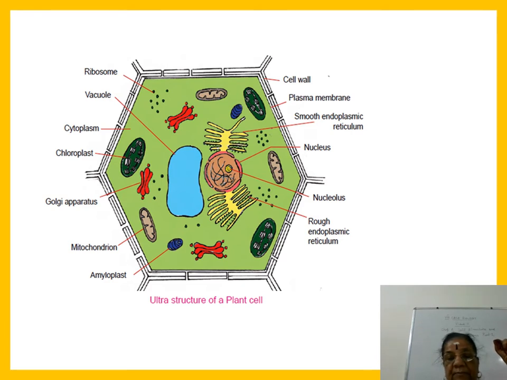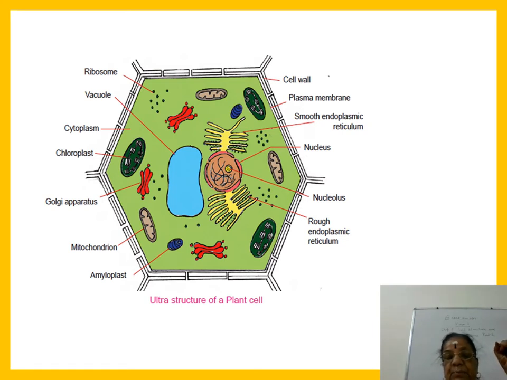I hope you understand. And then the nucleus has the outermost nuclear membrane. Inner to that is the nucleoplasm with the chromatin network, that is chromosome, and the nucleolus. Now this nucleus and cytoplasm together are called protoplasm. So the cell is the structural and functional unit of life.